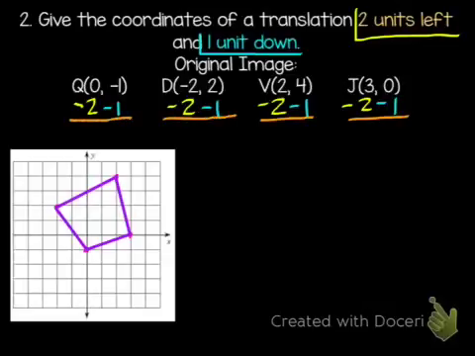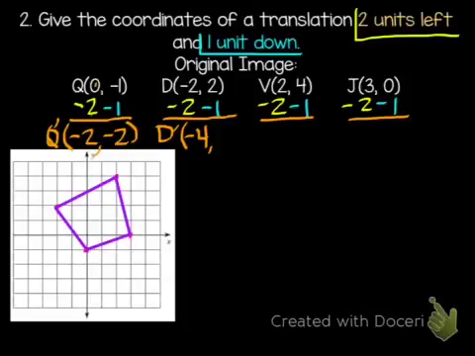I'm going to first do Q: 0 minus 2 is going to be -2, comma, -1 minus another 1 is going to be -2. For D, we're going to do -2 minus 2, so that's -4, and then 2 minus 1 is just going to be 1.